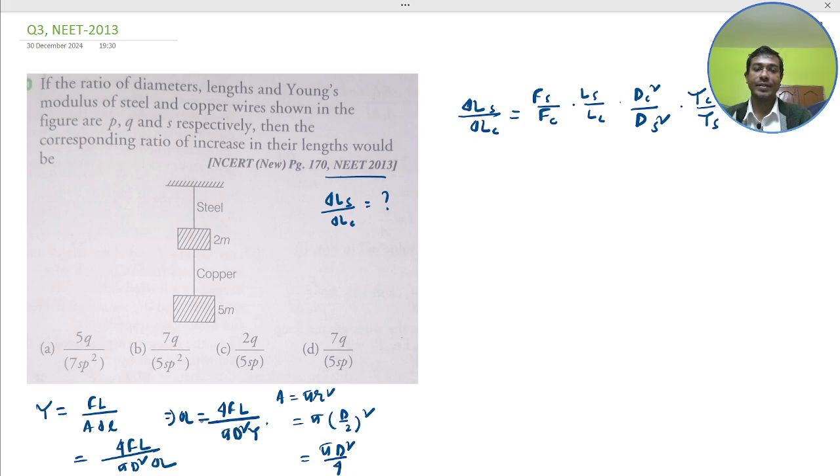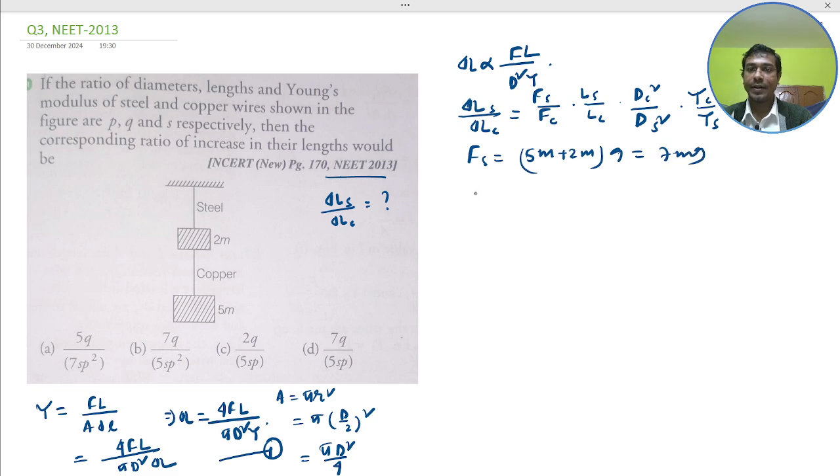Basically delta L is proportional to FL divided by d squared Y. Just put in this value. So here F steel would become 5m total mass, 5m plus 2m, that is 7 mg, and F copper is 5 mg.